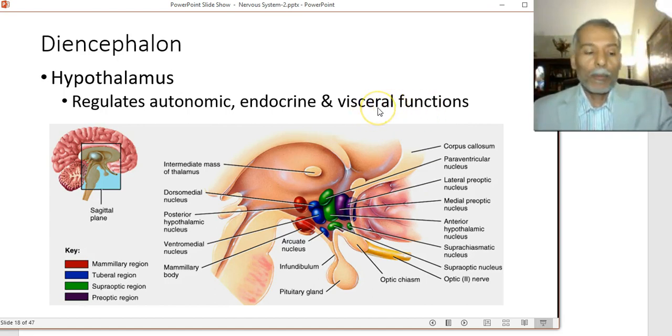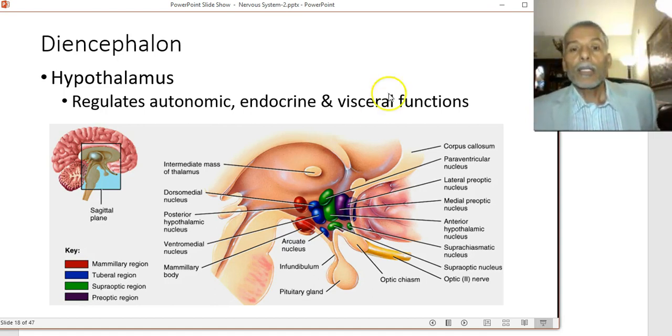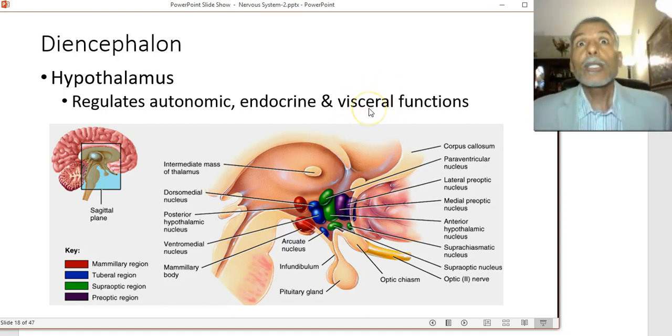So, for example, when you see something that is threatening you, you immediately start to get into that fight or flight. As soon as you see it with your eyes or feel the threat, the signal immediately goes to your hypothalamus.